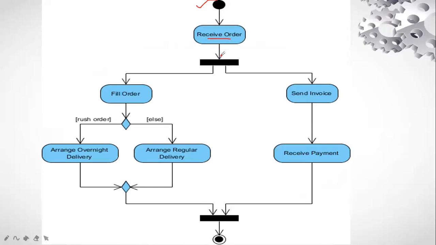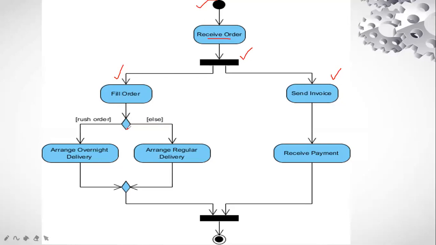Now this receive order is going to divide into two parallel activities side by side. One is fill order, that is placing the order, and the second one is sending the invoice, or generating the bill. These two activities are done in parallel, so we have shown it with the help of a fork node. Now, after filling the order, we have to find out whether the delivery has to be done overnight or it has to be a regular delivery.